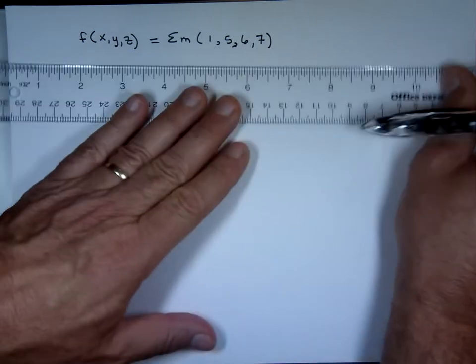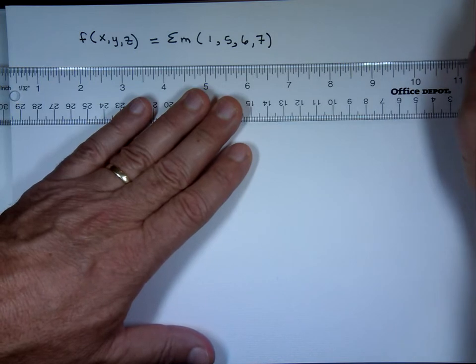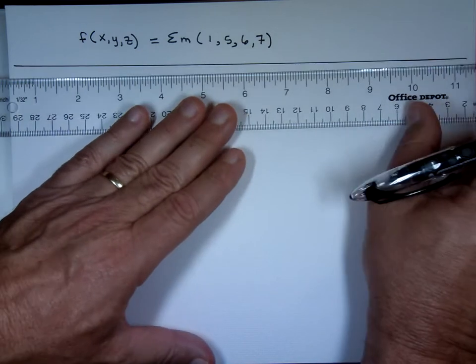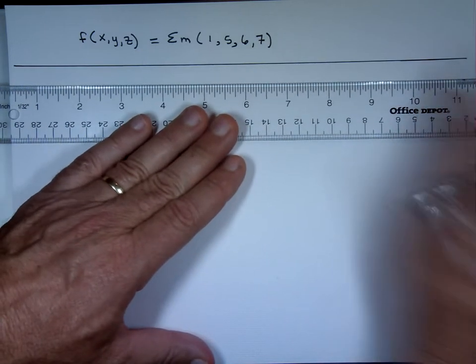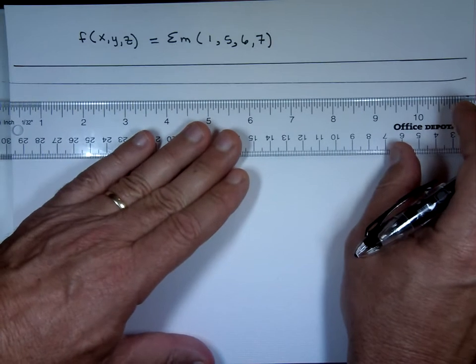So here we go. We have 3 inputs. What's 2 to the third? 8, right? We should have 8 combinations. This is the label, okay.